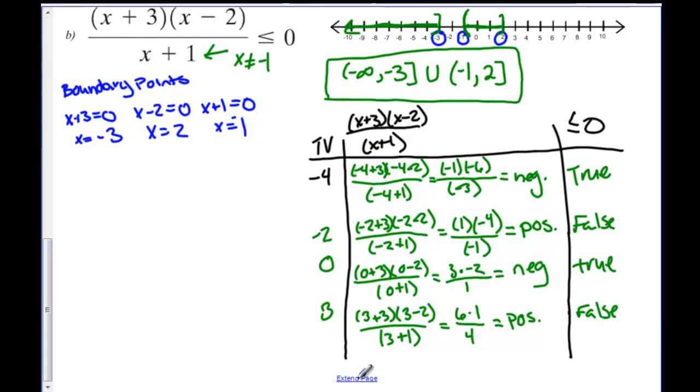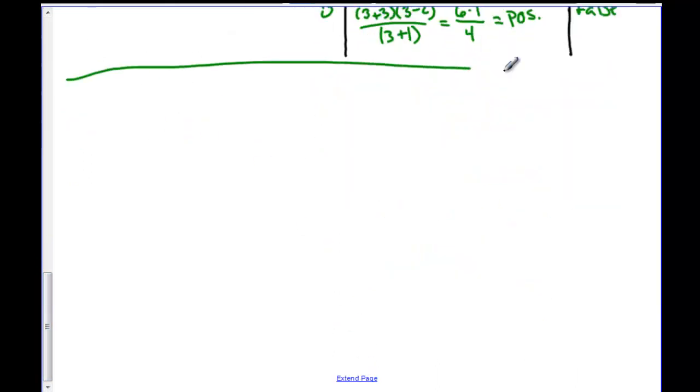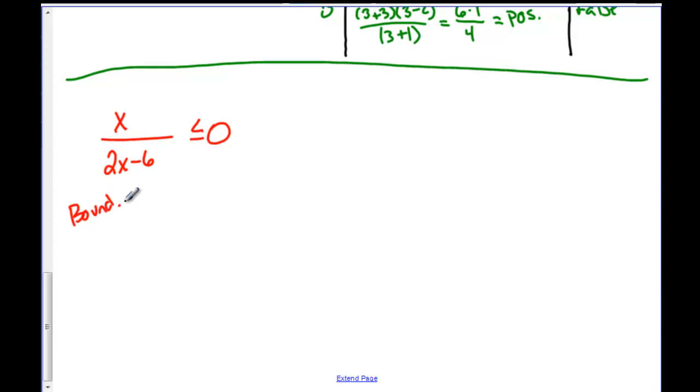As a little side thought, say we had something like x over 2x minus 6. To find the boundary points, we know x is 0 for the top one.